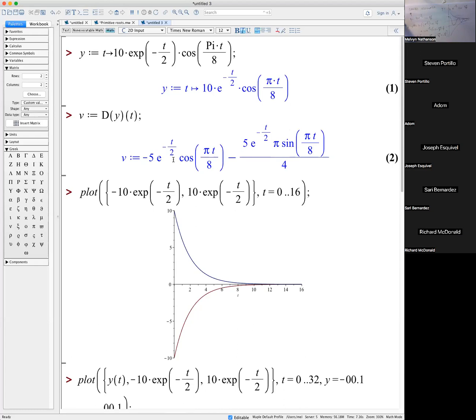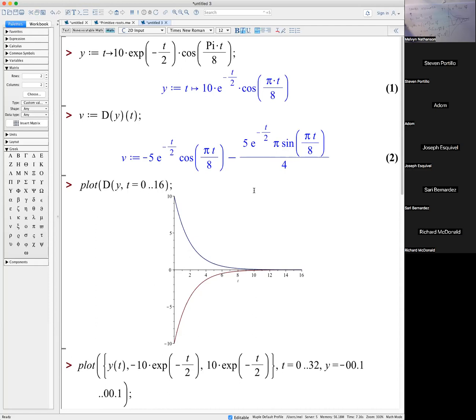Minus 5 e to the minus t over 2 cosine minus 5/4 e to the minus t over 2 sine of pi t over 8. And let me just put that in here. Suppose I plot d of y of t.